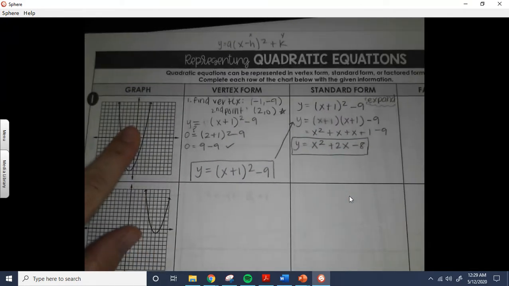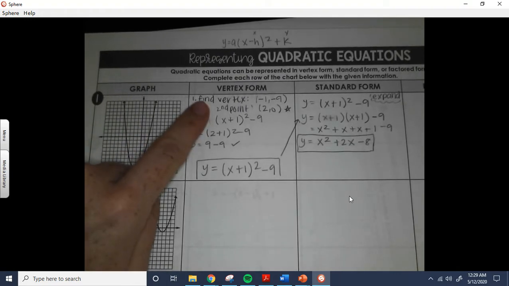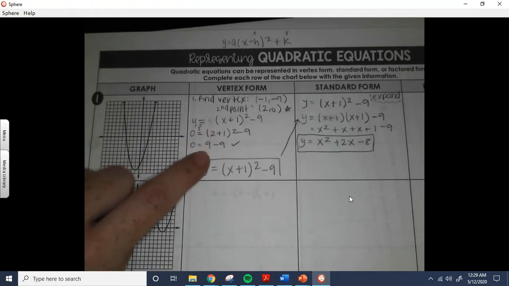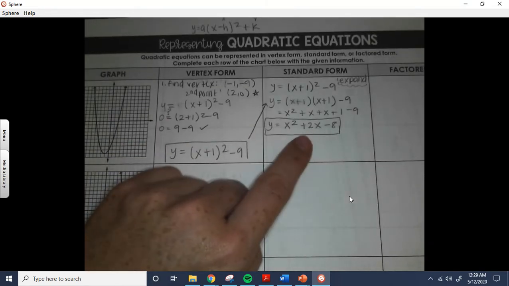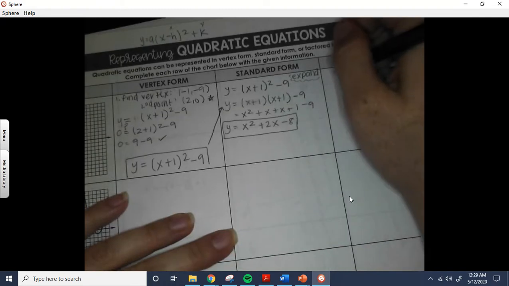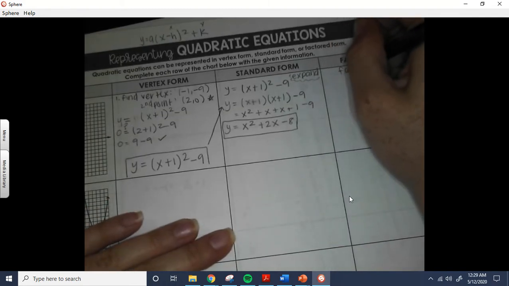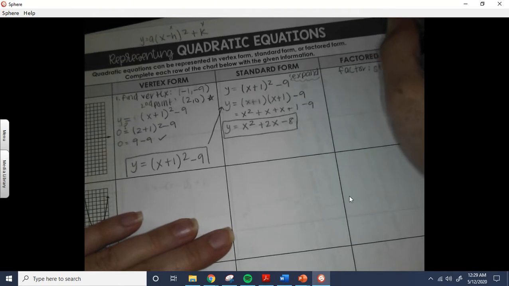So for you to get it in vertex form, you've got to find the vertex and check your second point to make sure there's no a. In standard form, you take vertex form and you expand it. Now in factored form, it's exactly what it says. You're factoring standard form.